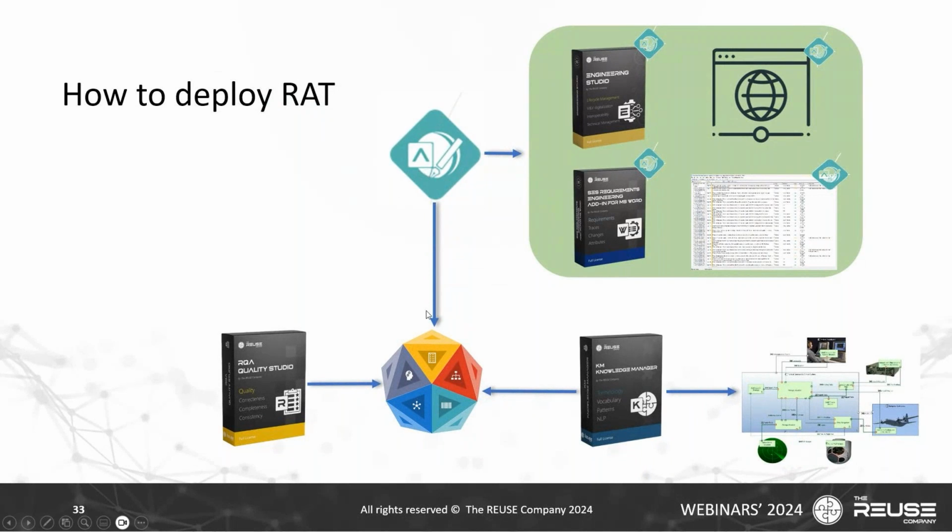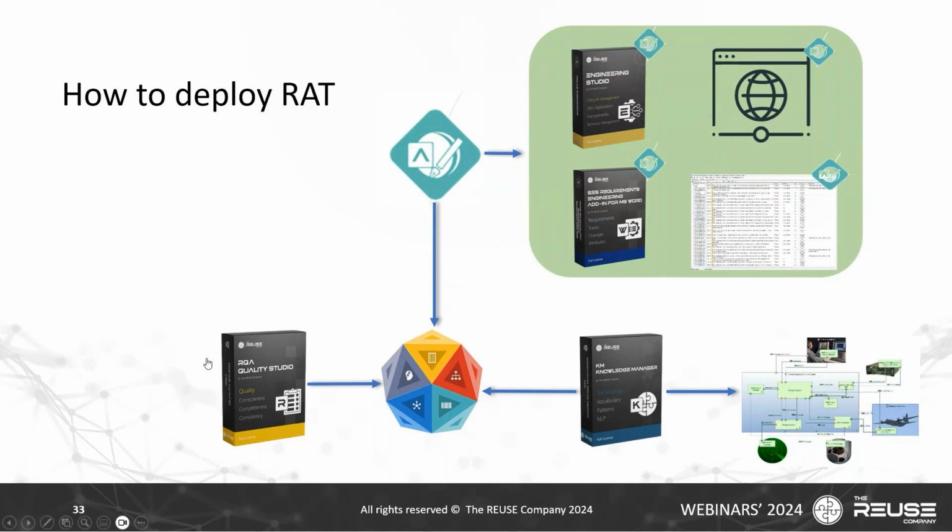RAT is connected, as I was mentioning before, to our ontology. In this ontology, we have defined patterns. Patterns are defined with a knowledge manager. However, the patterns that I have presented in these slides are already part of one of our libraries.